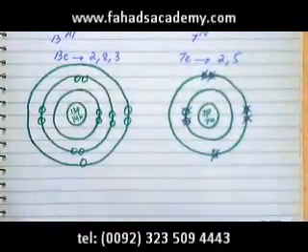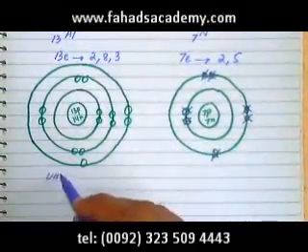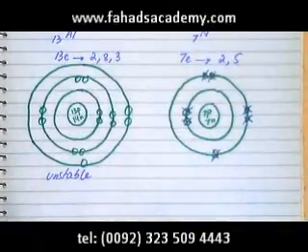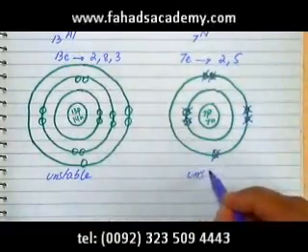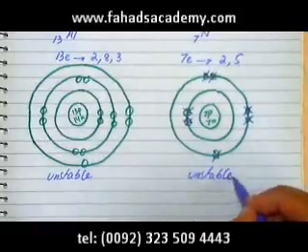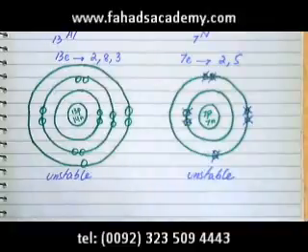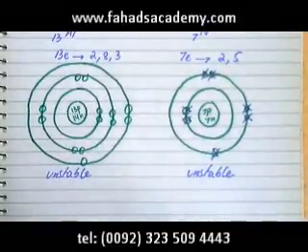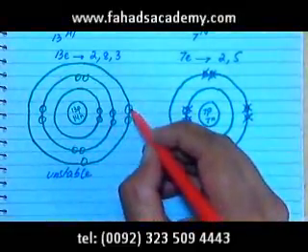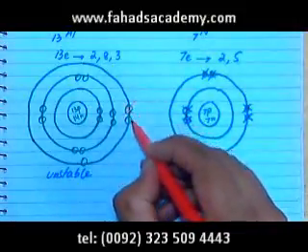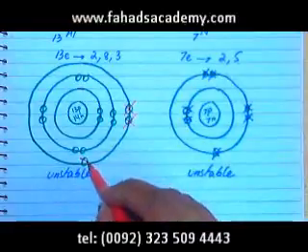Now both of these electronic configurations are unstable. Both elements have incomplete outer shells. To become stable, aluminium has 3 extra electrons, so it would need to get rid of these 3 outer electrons.